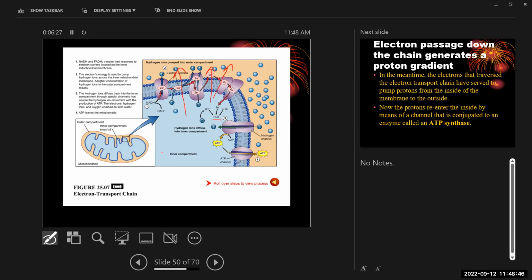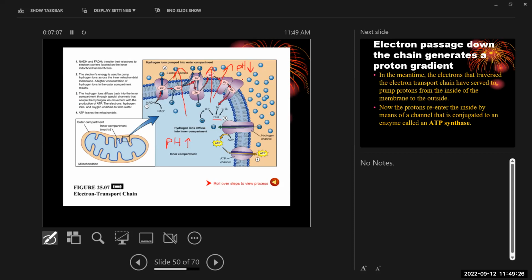You are now going to create a pH gradient between this space and this space. So the pH here, relatively speaking, is going to be relatively high. With all these hydrogen ions out here, the pH out here is, relatively speaking, going to be low.